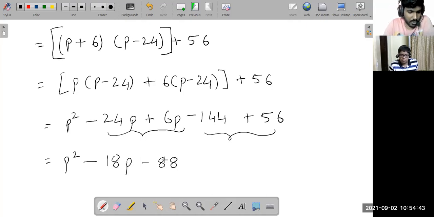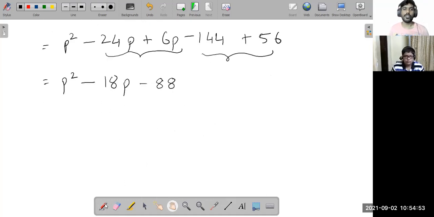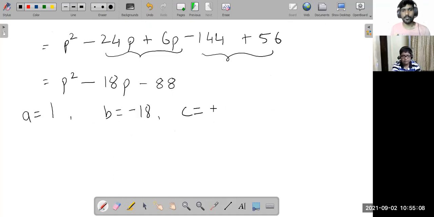Now this is a quadratic polynomial. Tell me what is A, what is B, and what is C. A is 1, B is minus 18, C is minus 88.